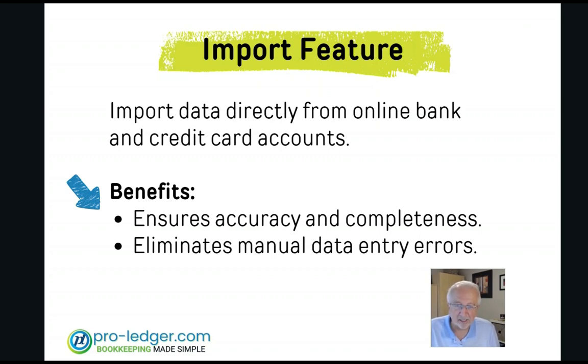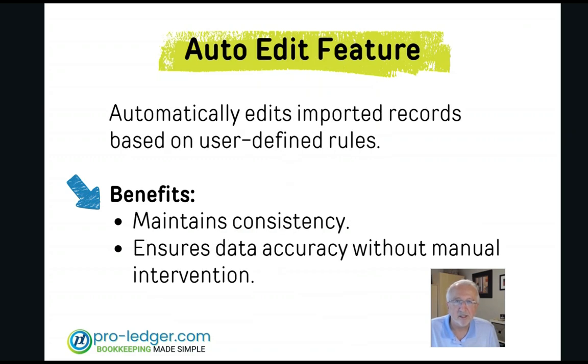And there's a video again on how to import data from your online accounts, and there's also a way to auto-edit these imported entries. So anything that is done through Zapier as an integration, or anything that's done as an import from a bank account, can be edited automatically. There's a video on how to do this, and so it'll land in a screen and you can click on the auto edit button and build little scripts.